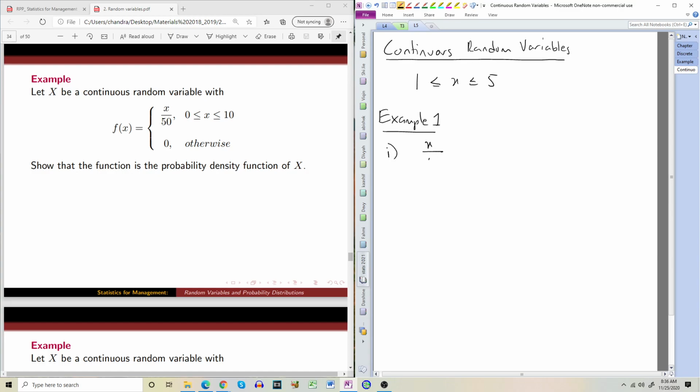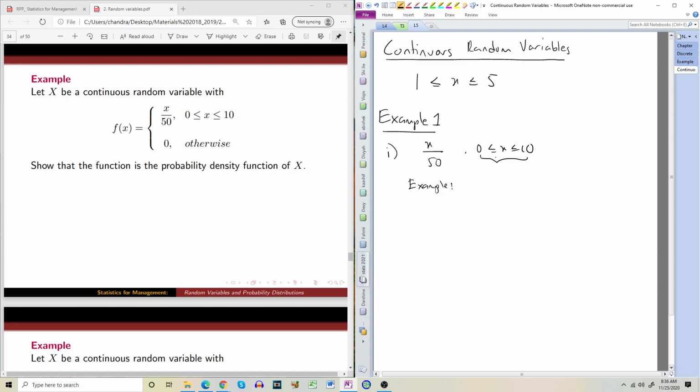For x over 50, and x takes the value from here to here, if you choose any x within this, you put it up here. For example, I ask you to just do one example.